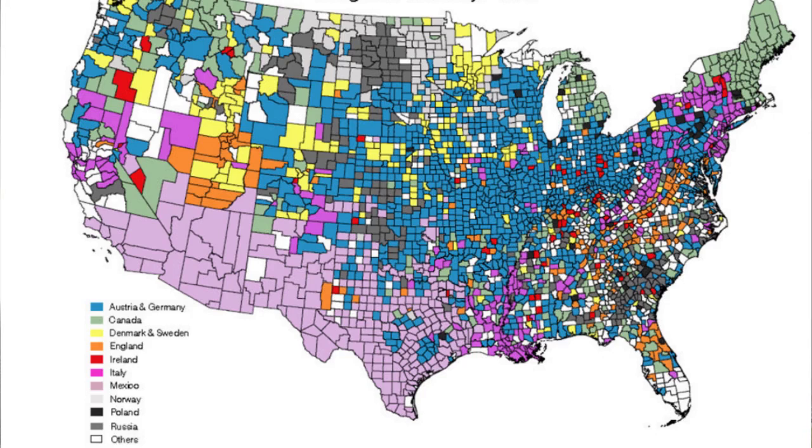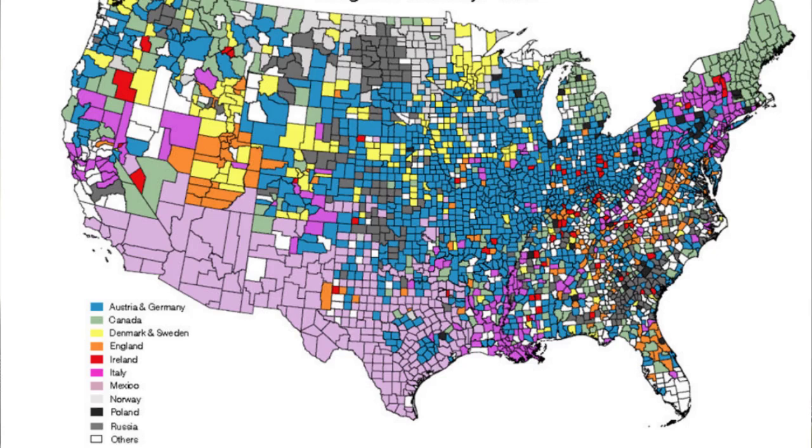What you can see here is that Scandinavians were the largest foreign-born group in the upper Midwest, while German-speaking migrants represented the largest share of foreign-born in the lower Midwest. We can see that Italians were quite prevalent in New York, New Jersey, and Pennsylvania, so really more in the Northeast.